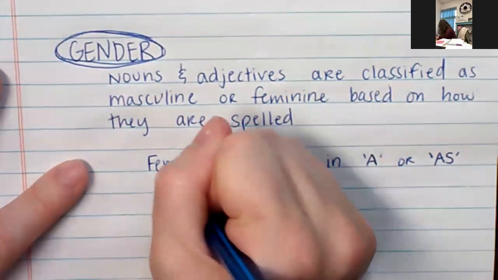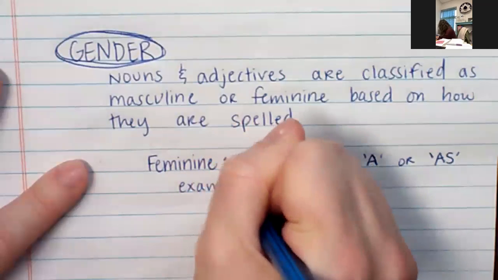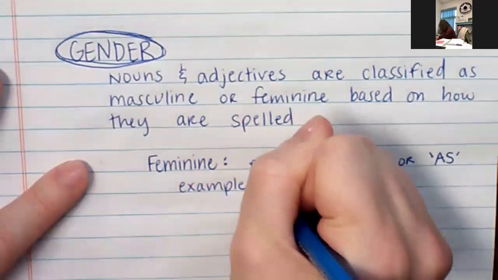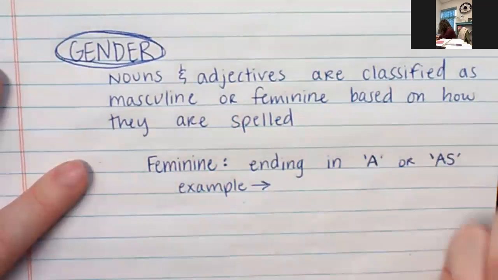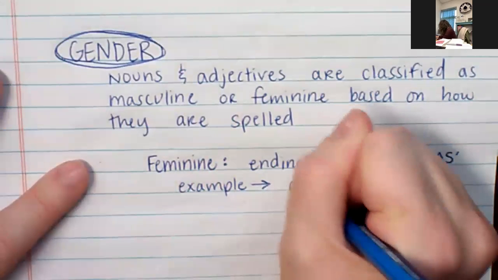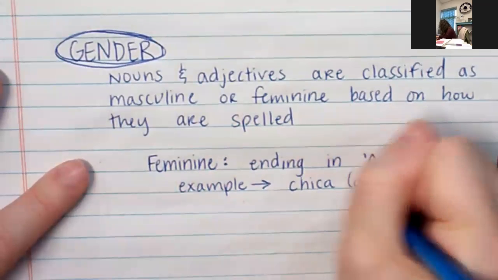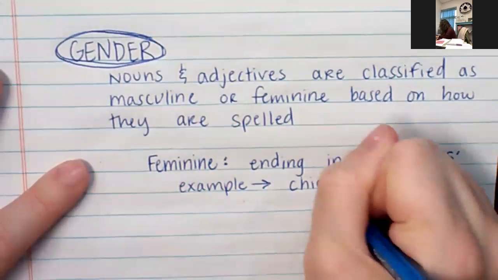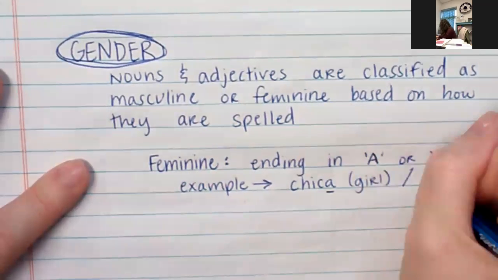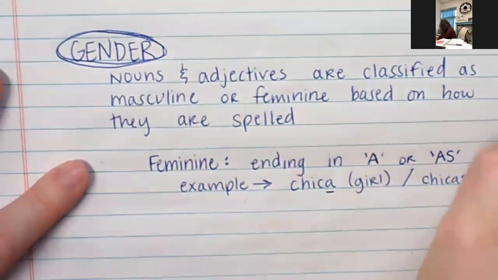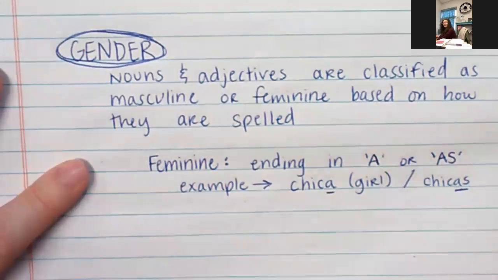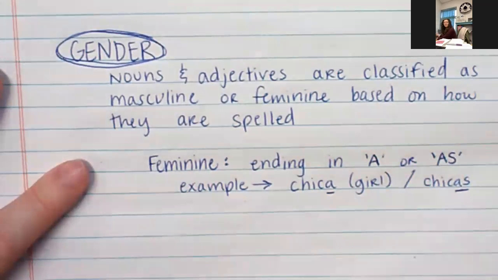So an example of this could be the word chica, which is girl, or chicas, which is girls, plural.